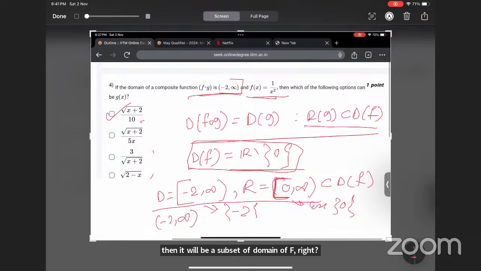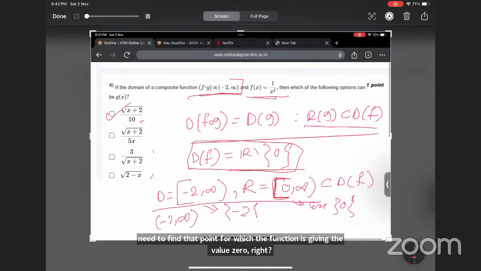Now, if you want to exclude the point 0 from the range of the function, we have to exclude some point from the domain of the function G, right? Then we need to find that point for which the function is giving the value 0. That means the pre-image of the point 0, right?